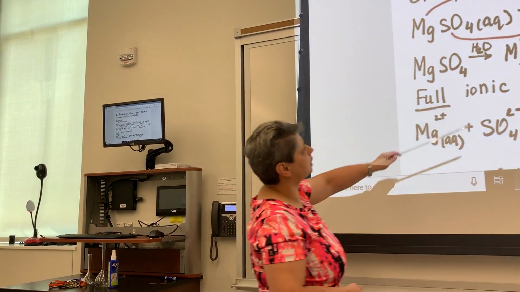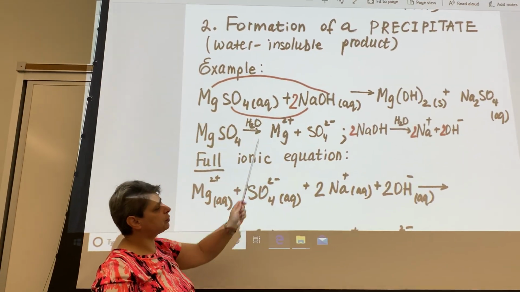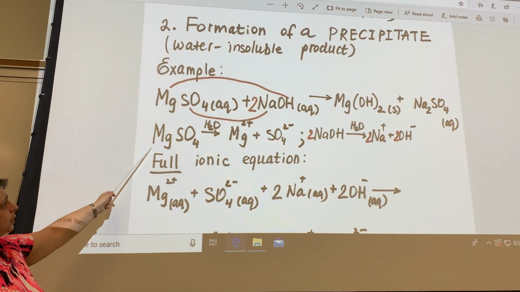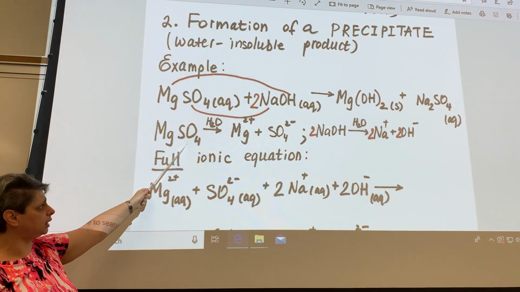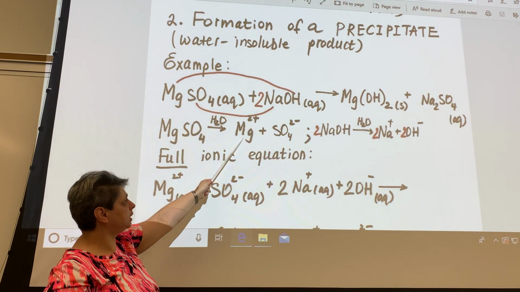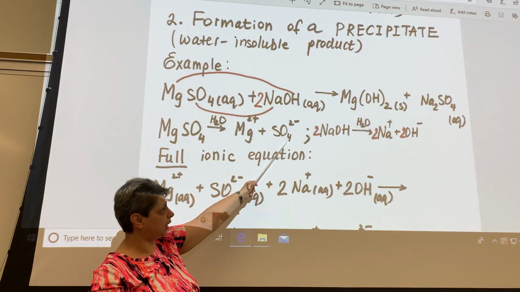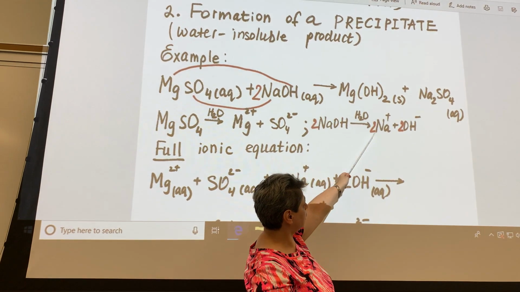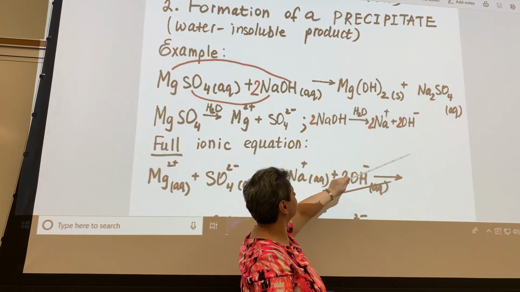Everything else that has aqueous subscript next to it can be split into ions. For example, when you dissolve magnesium sulfate solid in water, it splits up or dissociates into magnesium plus 2 ion and sulfate ion. Similarly, if you dissolve sodium hydroxide in water, it will exist as sodium and hydroxide.